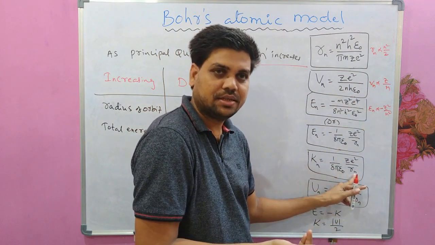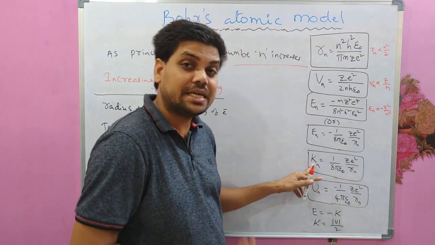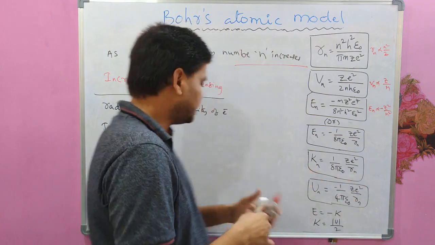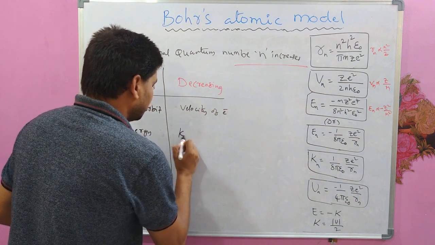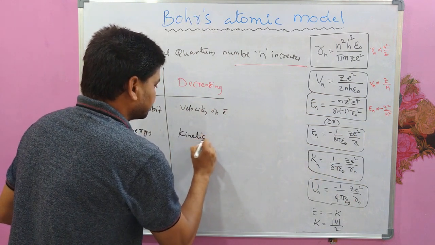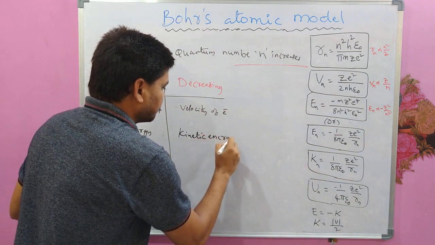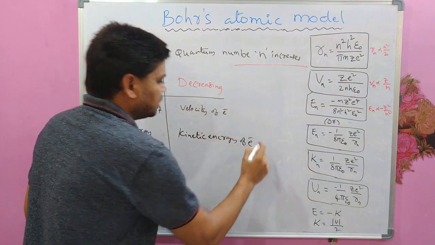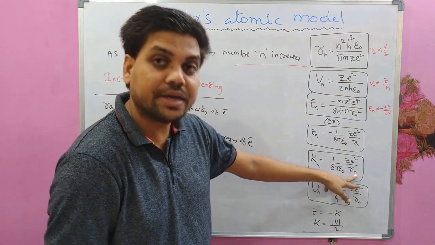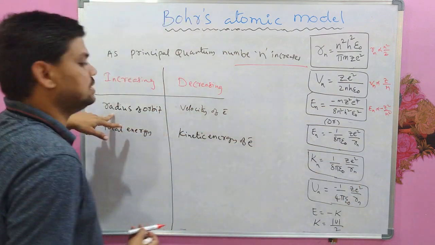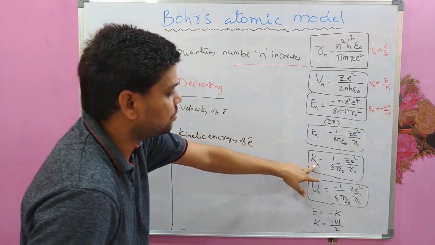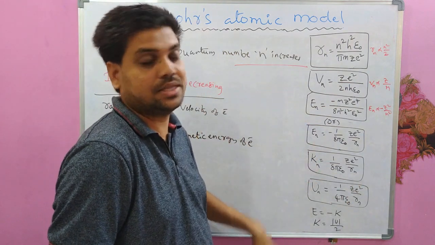If n increases, then K must decrease. So the kinetic energy of the electron should decrease, because the Rn value will increase and the K value will decrease with an increase in n.